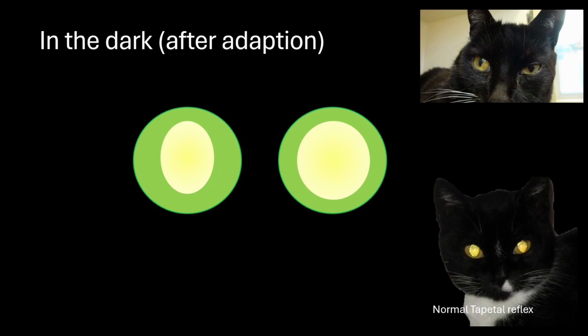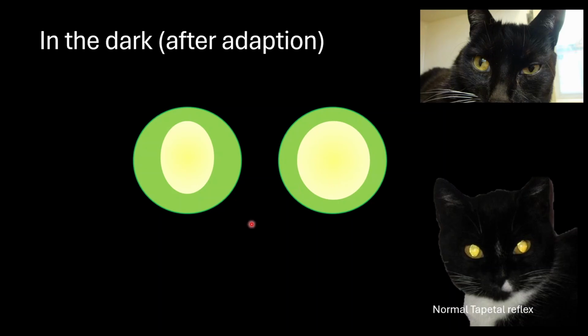So you should put the animal into the dark. And of course, in normal circumstances, the pupils should fully dilate and you should be able to see that tapetal reflex at the back, which is the handy thing about our cats and dogs, that they have this beacon which shows us the size of their eyes, and not something I think that humans have.